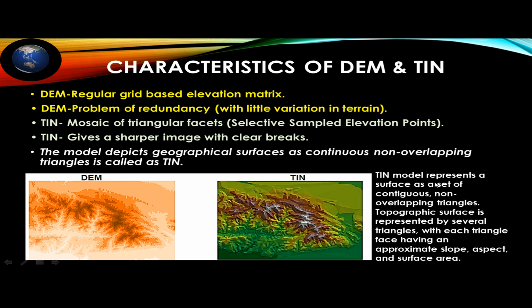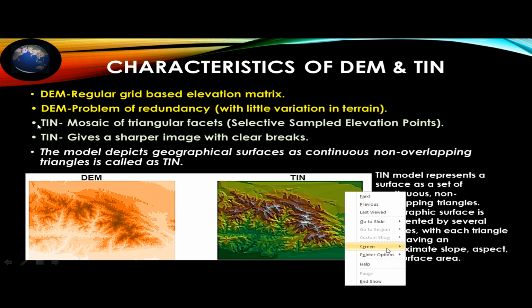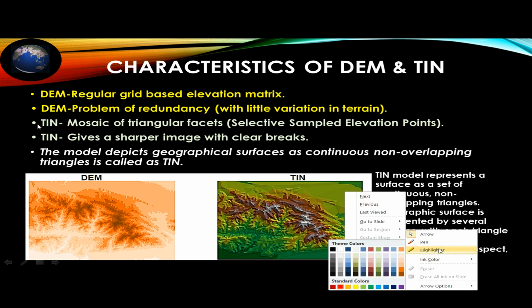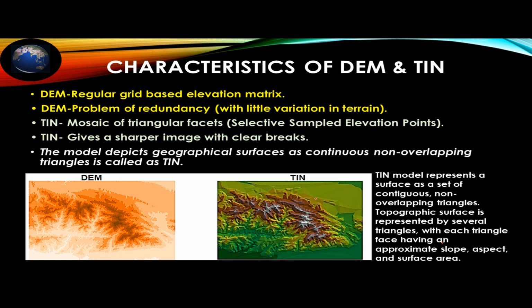The TIN model represents a surface as a set of contiguous non-overlapping triangles. The topographic surface is represented by several triangles. You see here there are several triangles. If you see, you will be able to identify. Wait, I will show you with the pen. See, these are all the triangular network.